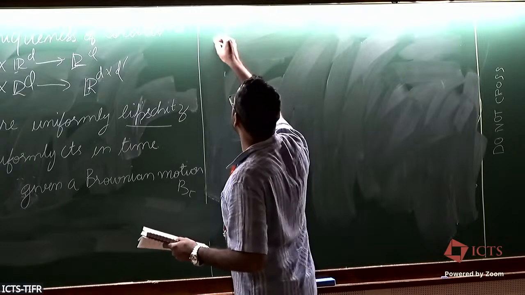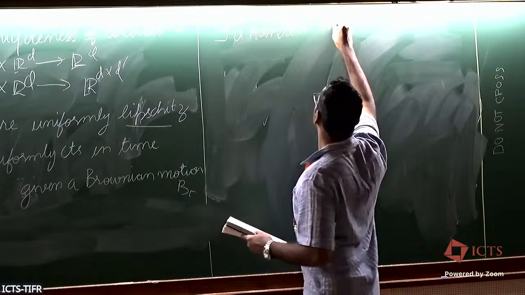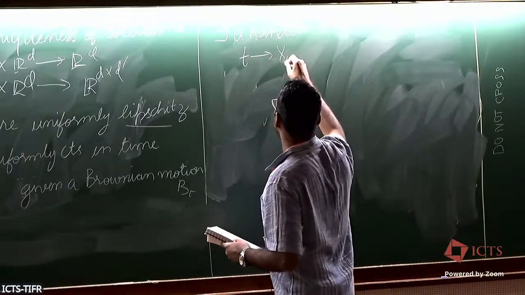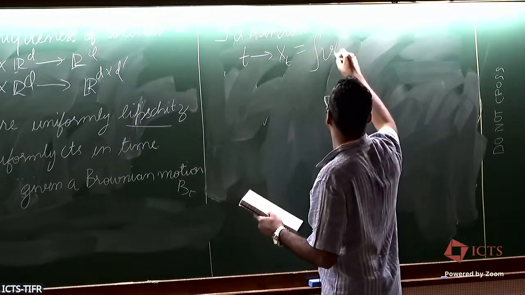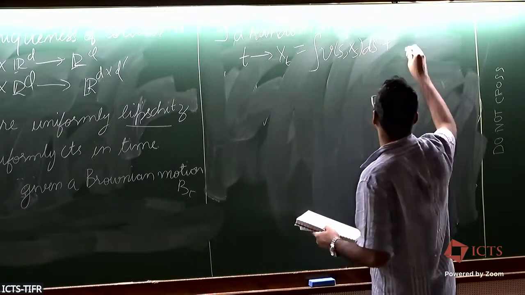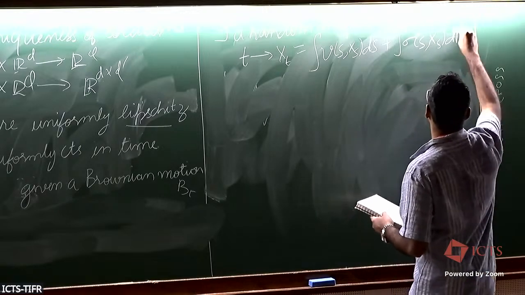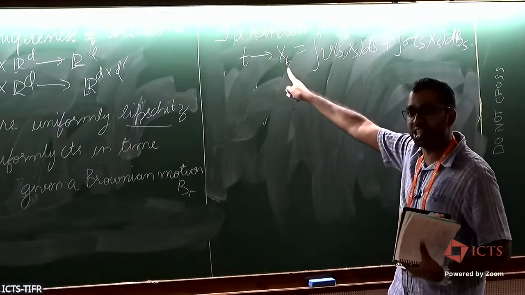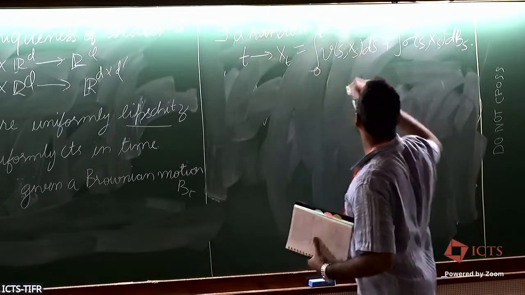There exists a random map, let's say t goes to Xt, which satisfies the following integral equation: the integral of v of s comma Xs ds plus the integral of sigma of s comma Xs dBs. What I'm saying is there's a trajectory Xt such that this integral equation is satisfied.